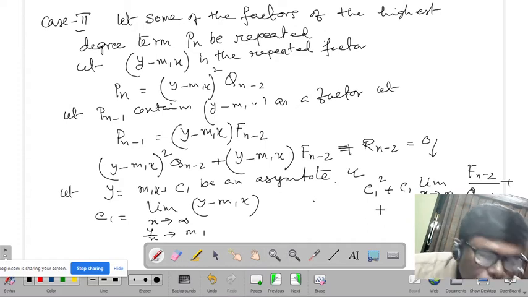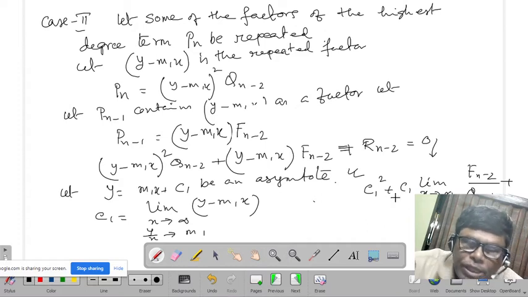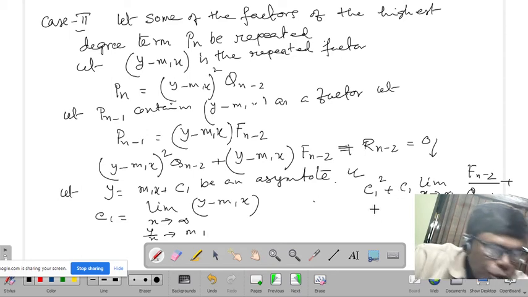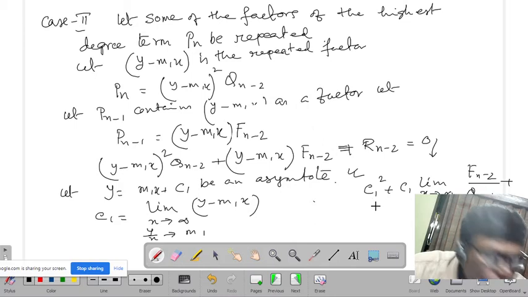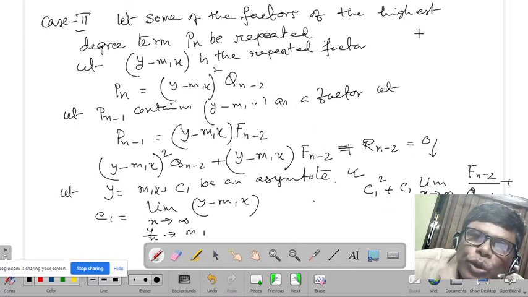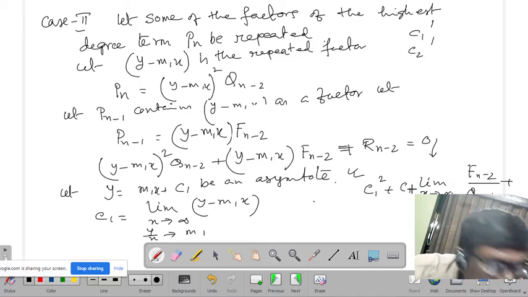Okay, now this is a quadratic equation in C1, so C1 will have two roots. Let the roots be C1 dashed and C2 dashed, and that can be determined from this equation.